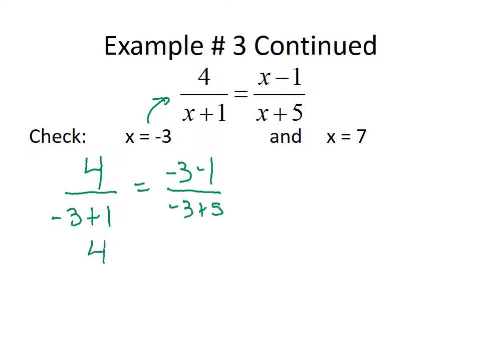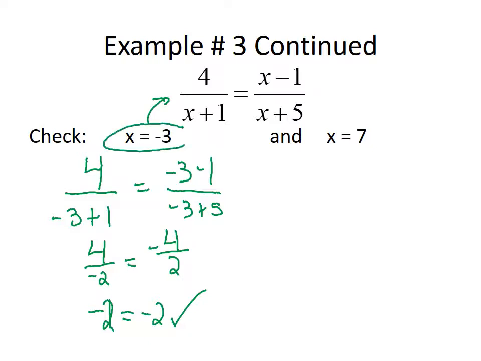So I have 4 over negative 2 equals negative 4 over 2. Simplify both of these. I get negative 2 equals negative 2. This one is correct. So this one's going to work for us. So negative 3 is one of my solutions.